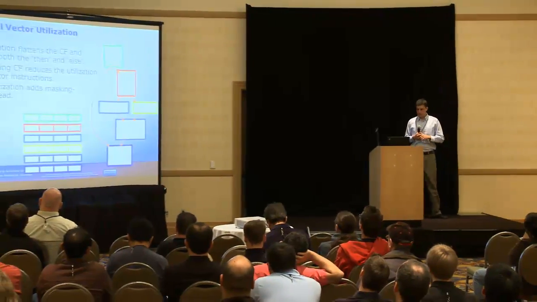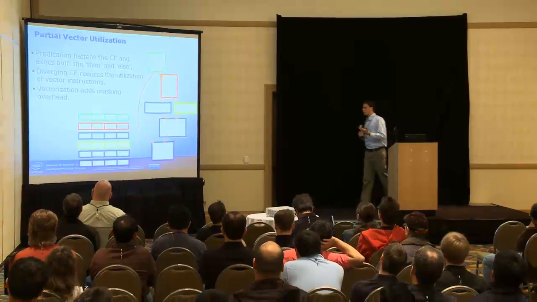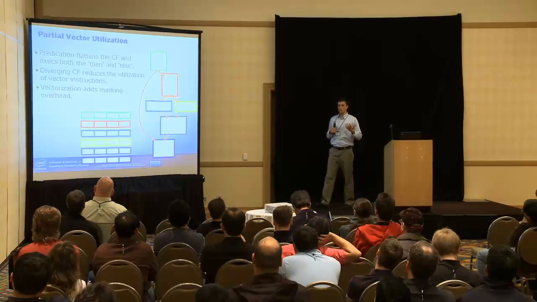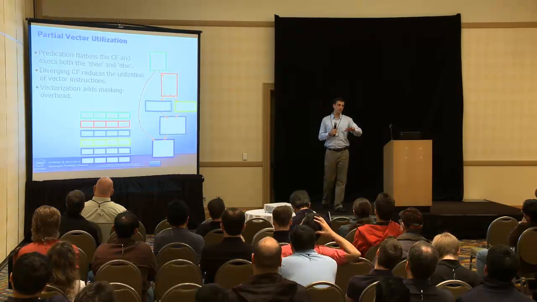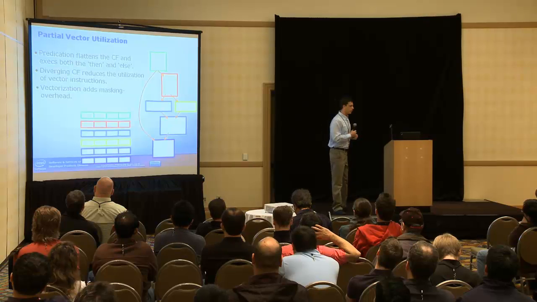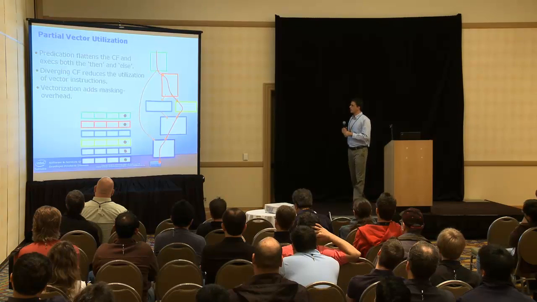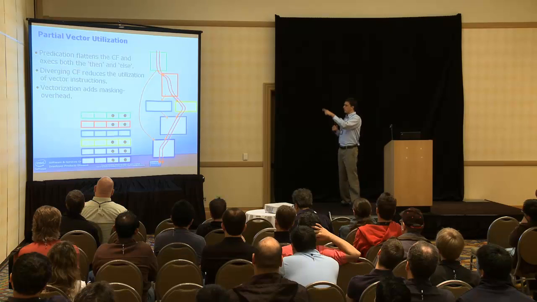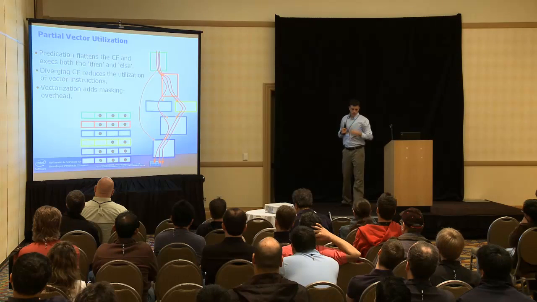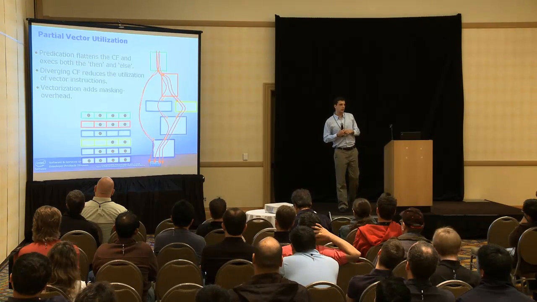As I mentioned earlier, when you predicate, you flatten the control flow. So if you have an if statement, you execute both the then and the else side of the calculation. One interesting thing is that if you have several work items that operate on this function, you have reduced vector utilization.